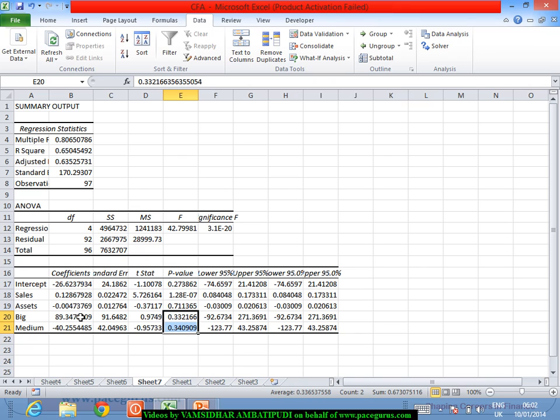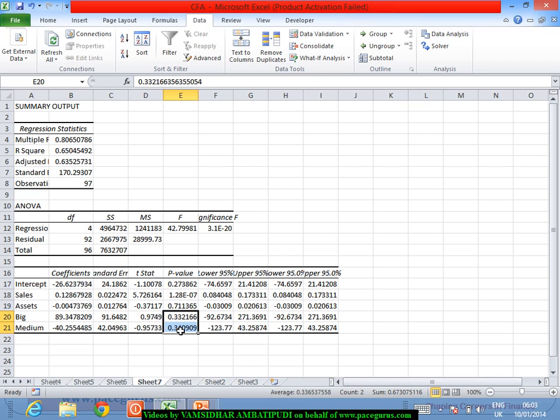But what we are trying to understand is how do I interpret in case they had been really statistically significant. If these P values would have been less than 5%, I could have made a statement saying, yeah, big companies do make more profits compared to the small and medium companies. It is a very good statement to make. Right?